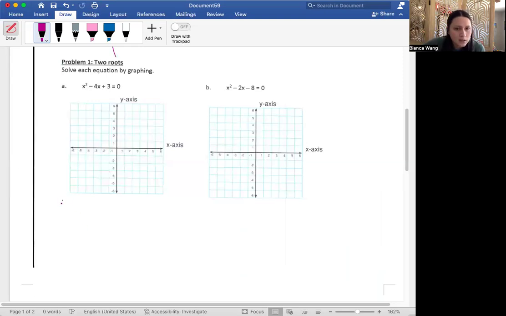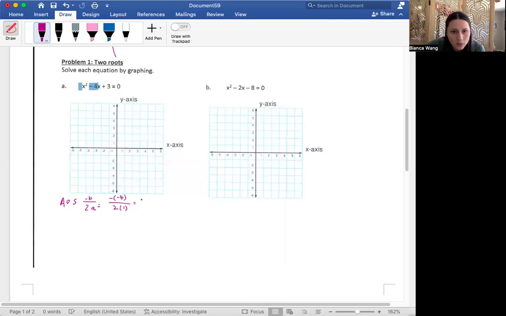The axis of symmetry is always going to be negative b over 2a. We'll look at our equation and find where b is identified. This is -4, and a is 1. So we're going to write this as -(-4) over 2 times 1.